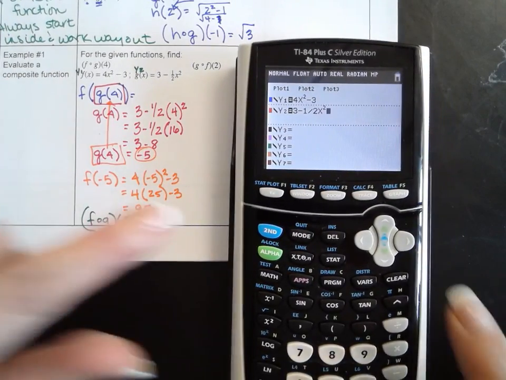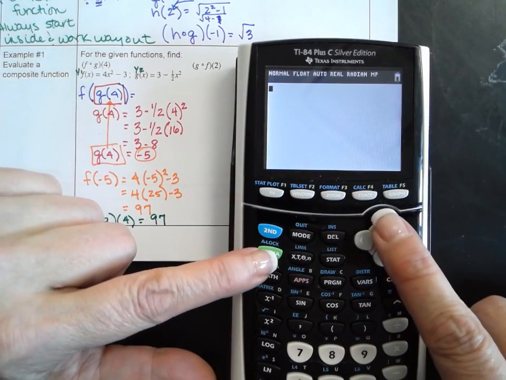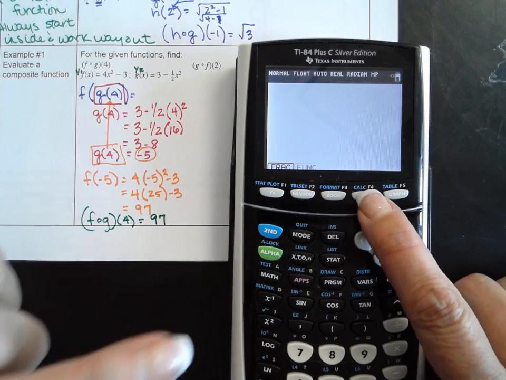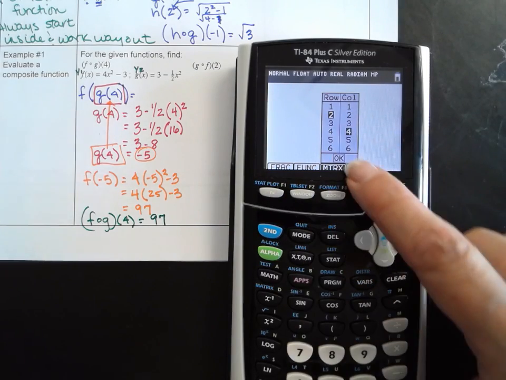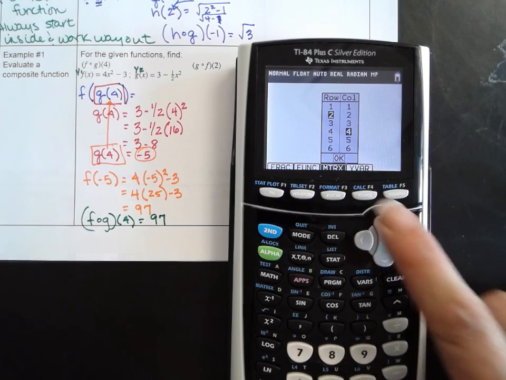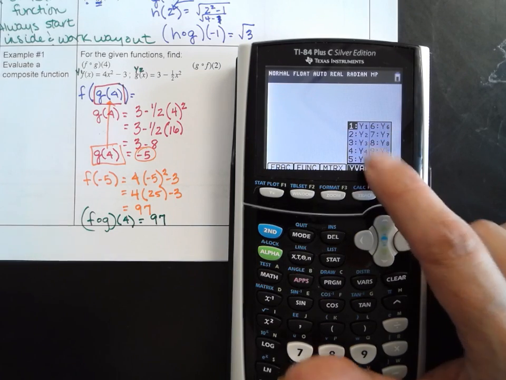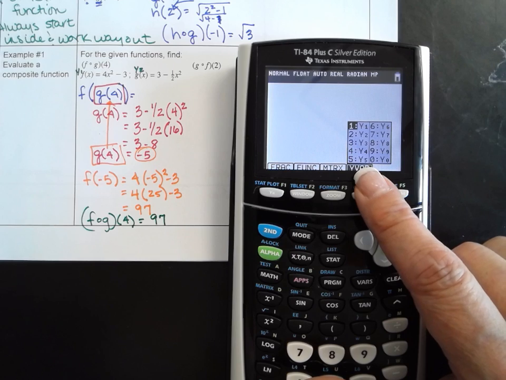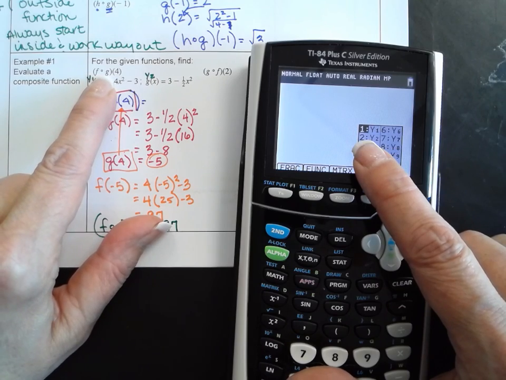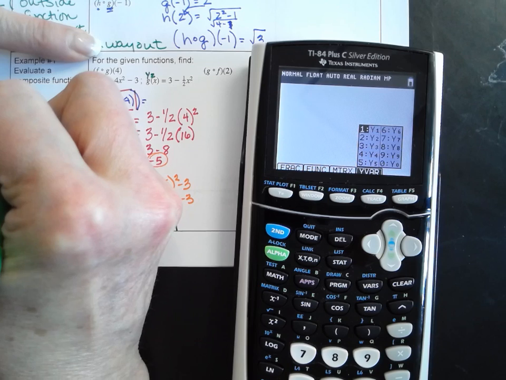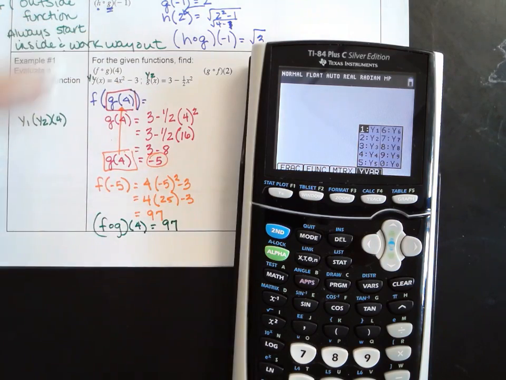All right. At your home screen, you leave those plugged in. Remember how we did our alpha trace, and alpha zoom to get our matrix? There are all these little things on the bottom. If you go over, it'll let you select those y1s, y2s. So if I want the f of g of 4, that's like saying y1 of y2 of 4.